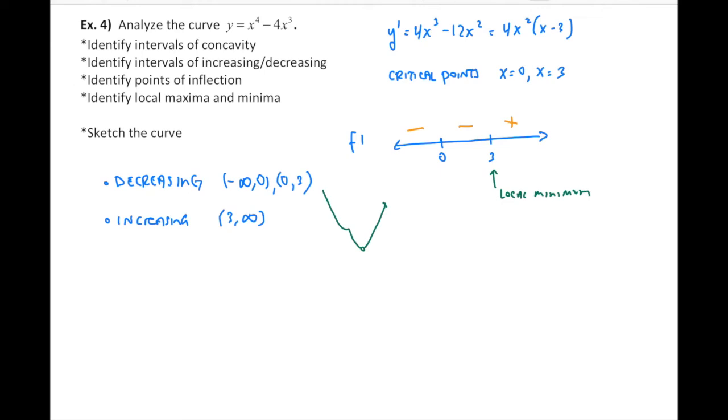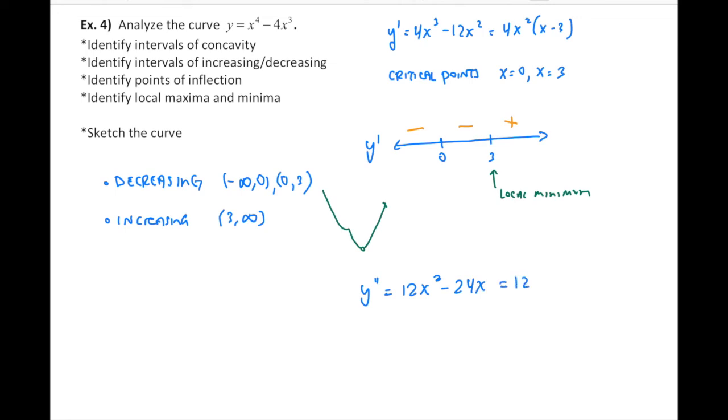Next, I'm going to take my second derivative. I'm going to go back to that first derivative before it was factored, so that we don't have to use the product rule. Second derivative, that's y prime prime. The second derivative is going to be 12x squared minus 24x. And I recognize I can factor that.